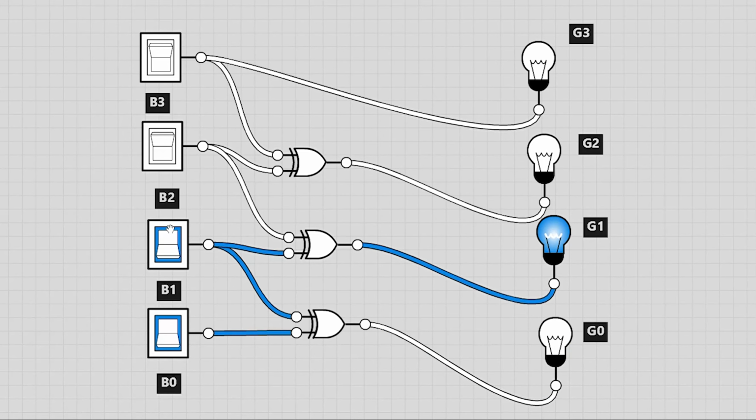Now B1 is activated, G1 is high, others are low, and G0 is also high. Now B1 and B0 are high, G1 is high and others are low.